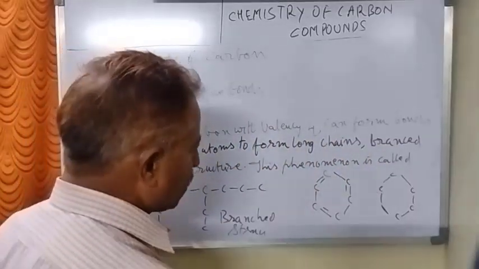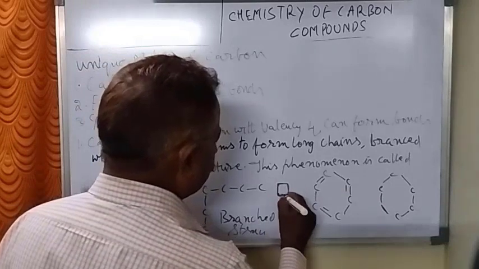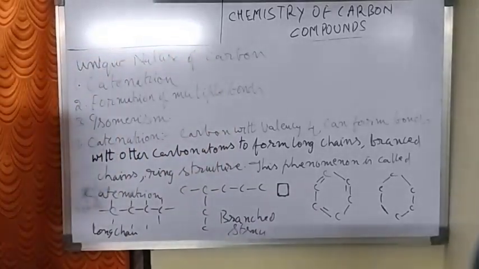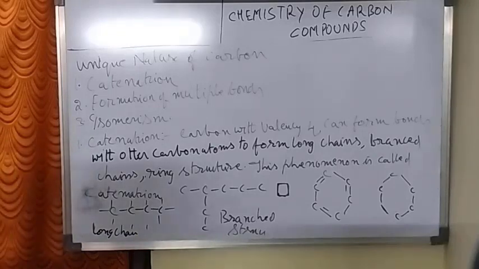And if you write like this, it is cyclobutane. So with valency 4, carbon can form bonds with other carbon atoms to form long chains, branched chains, and ring structures, and this phenomenon is known as catenation. Because of catenation, carbon can form a large number of compounds.